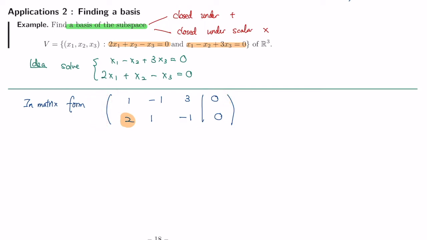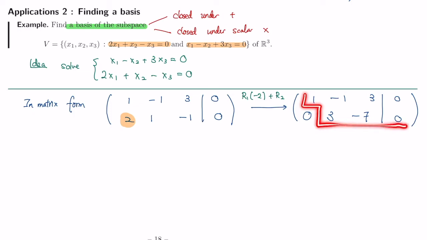And that will become 1, -1, 3, 0. So 1 times minus 2 added to 2 gives 0. Minus 1 times minus 2 added to 1 gives 3. And then 3 times minus 2 added to minus 1 gives minus 7, equals 0. So now you're done because this is already in upper triangular shape, a.k.a. row echelon form.